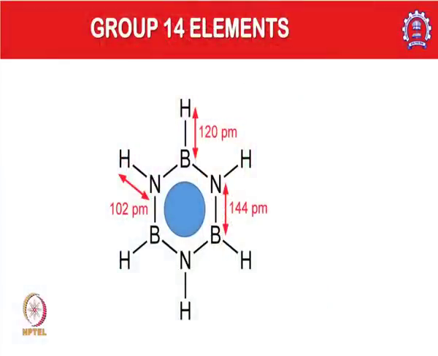You can see the structure of this one, and here the BH bond distance is about 120 picometer or 1.2 angstrom units, and BN bond distance is 1.44 angstrom units or 144 picometer, and NH bond distance is 102 picometer, and this one is called inorganic benzene.